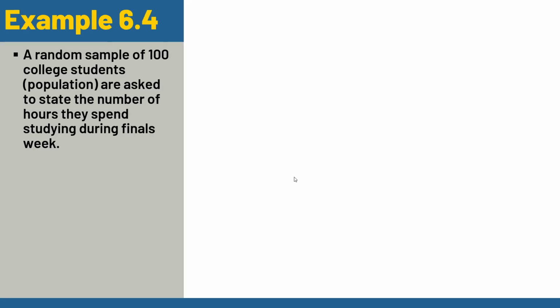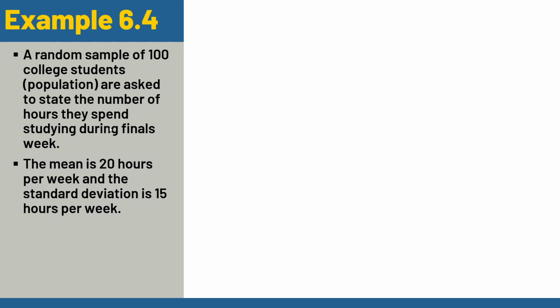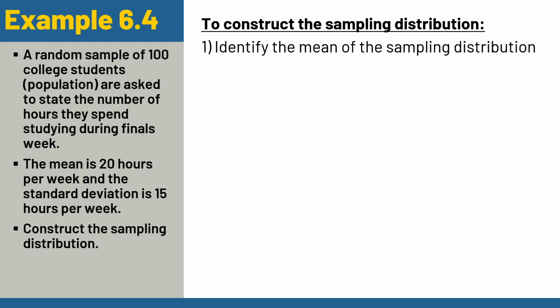And so to give an example of drawing out a sampling distribution, say we have a random sample of 100 college students, and they're asked to state the number of hours they spend studying during finals week. The mean is 20 hours per week, and the standard deviation is 15 hours per week, and we want to construct the sampling distribution. Three broad steps to do this.